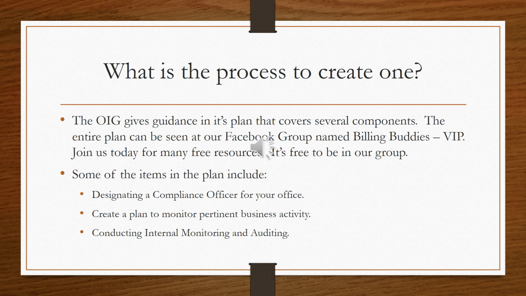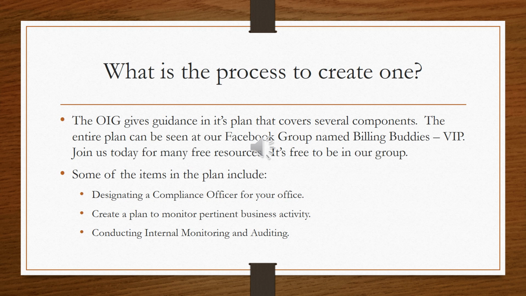Next, we're going to talk about how to create a compliance plan. The OIG gives guidance and the plan in each chapter that would be in your book and what would be covered in its directive that can be found out at Billing Buddies-VIP on Facebook.